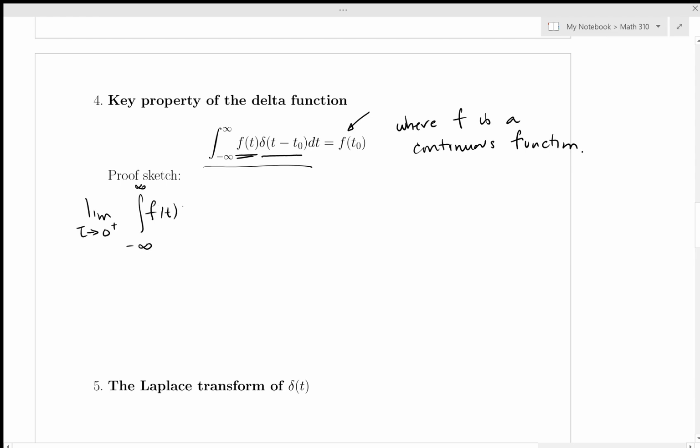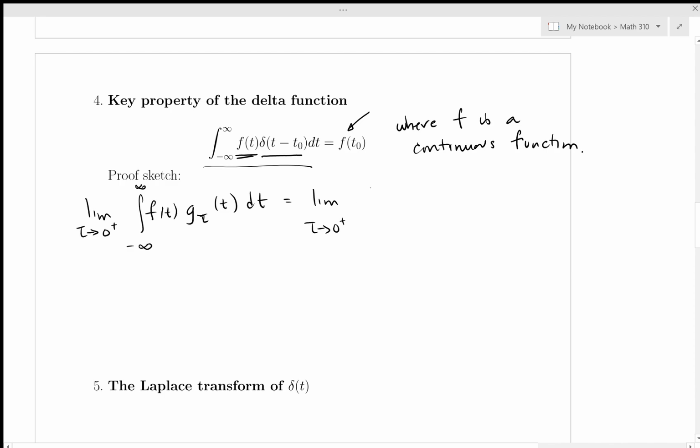And now I'm going to put this back to g tau of t, because I haven't actually taken the limit yet and had this become delta of t, dt. Okay, that is going to be then, as it was before, the limit as tau goes to 0 from the right.